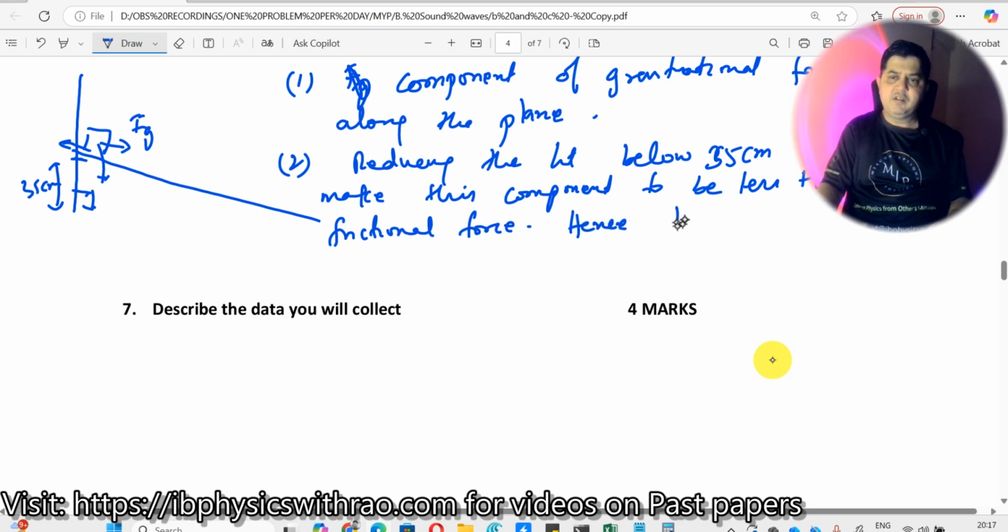Hence, the object may not even begin the motion.